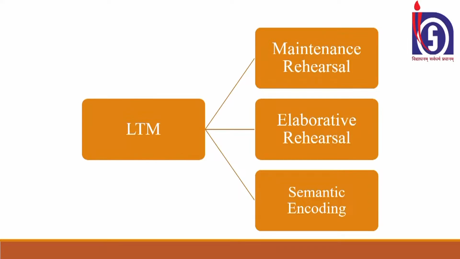The other methods are maintenance rehearsal, elaborative rehearsal, and semantic encoding. These are the ways in which you can transfer information into your LTM. What is maintenance rehearsal? Maintenance rehearsal is revising and repeating that information continuously till it reaches your LTM. You might have learned tables in maths. When you were young, you might have repeated those tables again and again in order to remember them for a longer period of time.